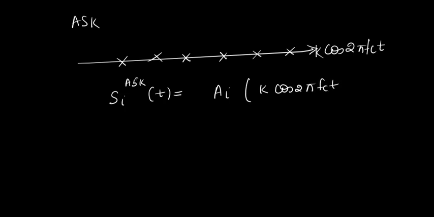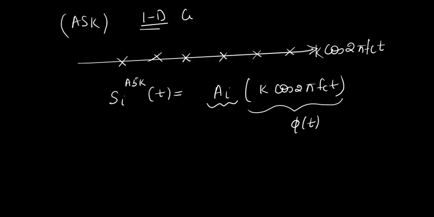So this is your phi t, only one phase will be there. ASK is a one dimensional constellation. As you can see, it's a one dimensional constellation. There is no second basis, and all the points will have phase 0 and all the points only differ in amplitude. If this is origin, if you remember, I told you, you can do something like that, right?